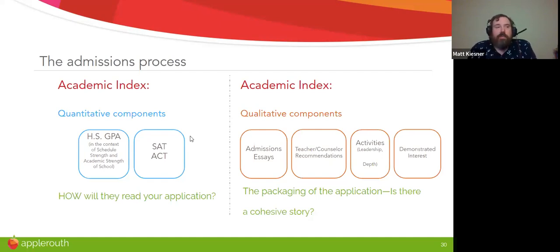We live in a test optional world, but unless a school is literally test blind, which does describe some schools, test optional does not mean no test preferred. And having good scores is still an advantage at a test optional school.